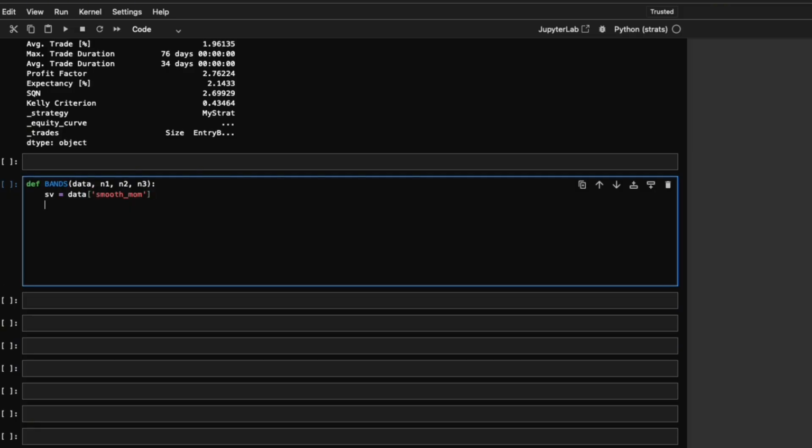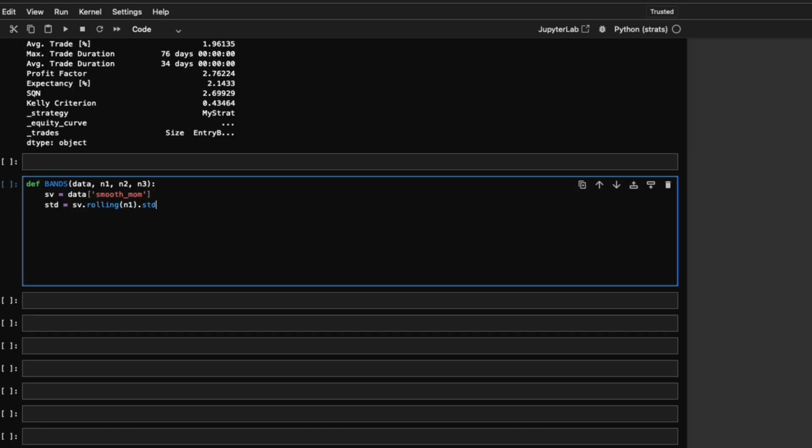Then what we're going to create is our mid band and our standard deviations as well. Standard deviations is simple. We take in our smooth value here, SV, that we calculated above, and then create a rolling window, which is going to be equal to whatever lookback period we set for our midline.